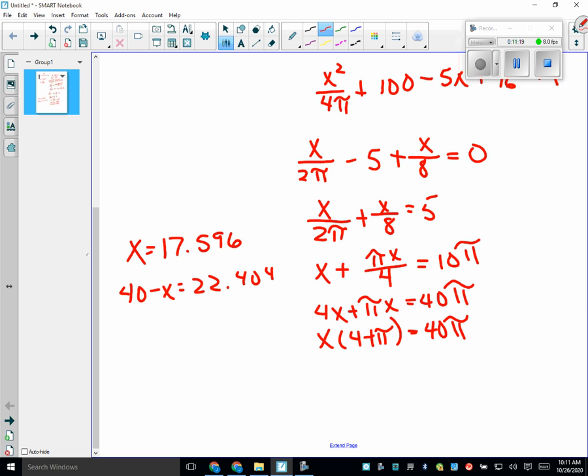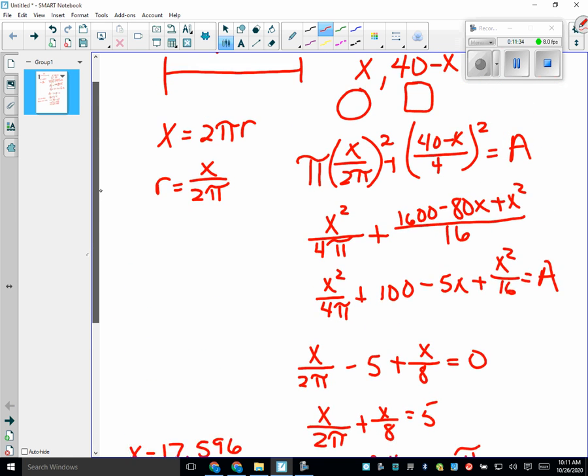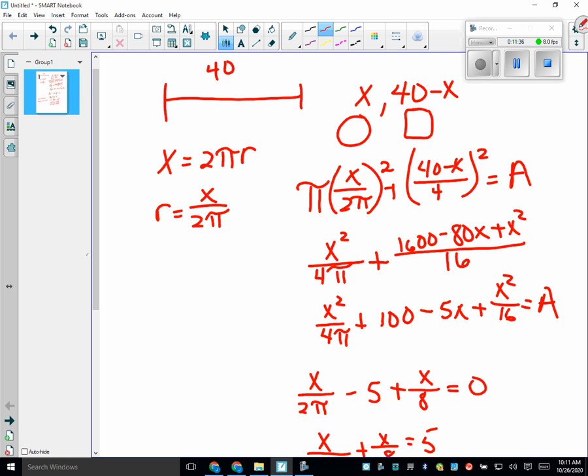That means a maximum is going to happen when it's either a square or all a circle. Okay? If it's all a circle, that means x is 40. Right?